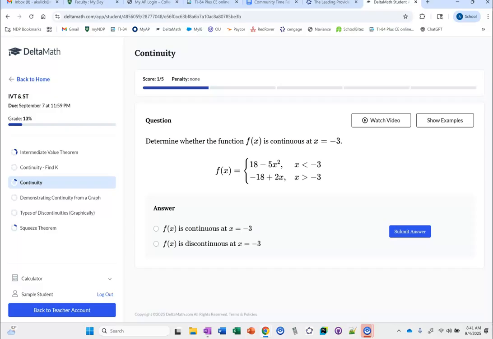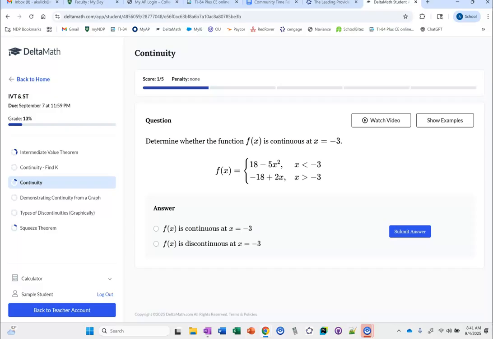So you still need what we just did, but you need to say that for x less than negative 3, we're continuous because it's a polynomial. And for x greater than negative 3, it's continuous because it's a polynomial. And at x equals negative 3, it's continuous or not because of the check. You just got to remember to state it, because we saw in the notes yesterday that every single function that you've encountered is continuous over its domain.